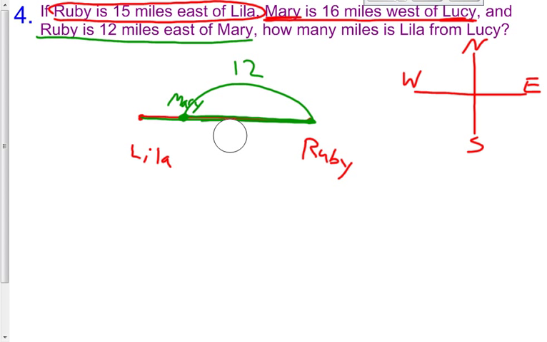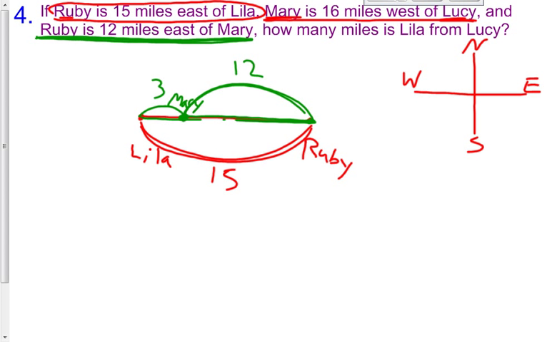So now I'll erase this 15 so we can be a little more clear. From here to here is 15. Ruby is 15 miles east of Lila. That goes right here. And Ruby is 12 miles east of Mary. That's this one. So now I know that from Lila to Mary, this must be 3, because 3 plus 12 makes 15. Now I have this one done, and the reason I did that second is because we have a reference point. We know where Ruby is. Now, thirdly, we can move on to this one, because now I have a reference point about where Mary is.